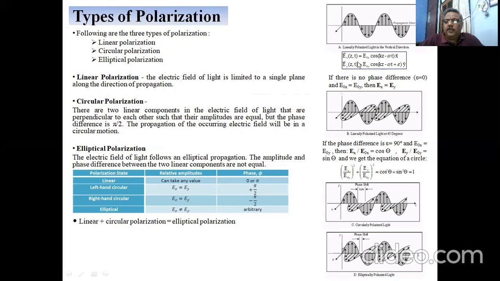And the electric field along the y direction is represented by this. This is the phase difference between the two vibrations. If this phase difference is either 0 or pi, then it will be linearly polarized. How? Let's see to it.